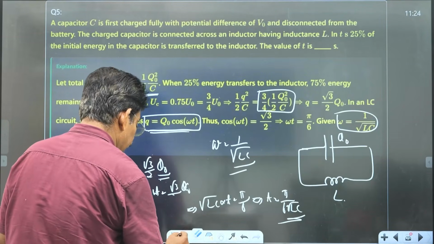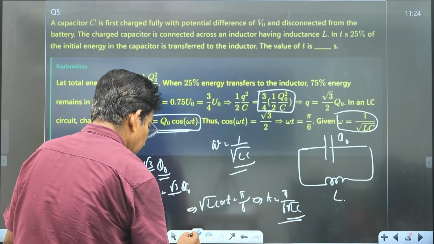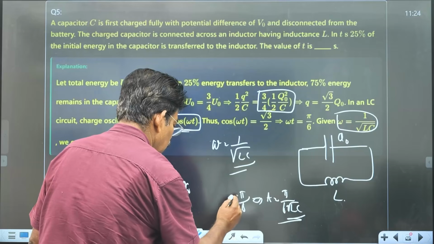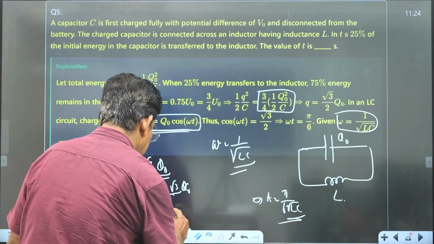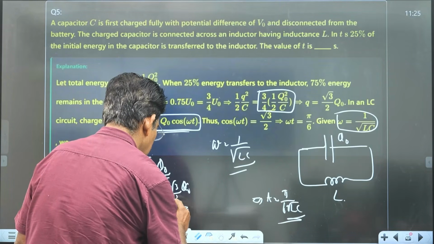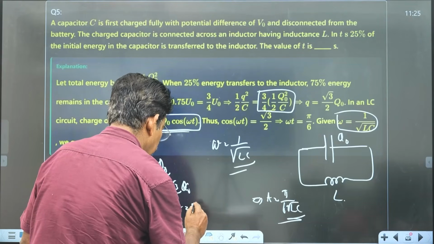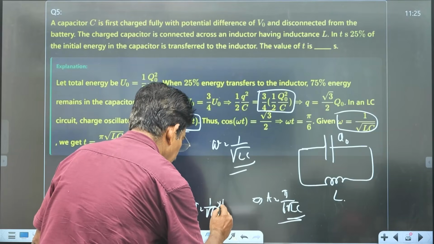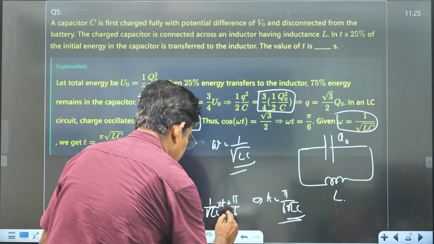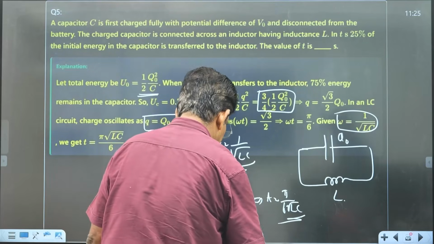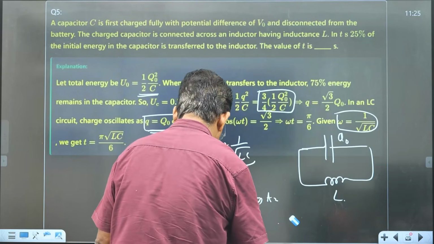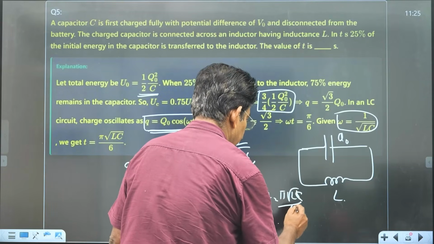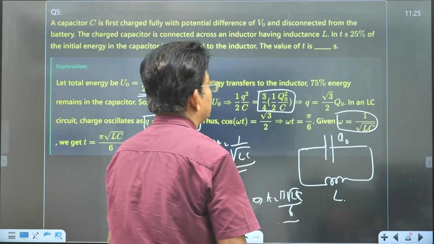So omega t is pi by 6, with omega 1 by root LC, into T equal to pi by 6. T is equal to pi root LC, since root LC goes to the numerator. Simple mathematics: pi into root LC by 6. Okay, that is the value here.